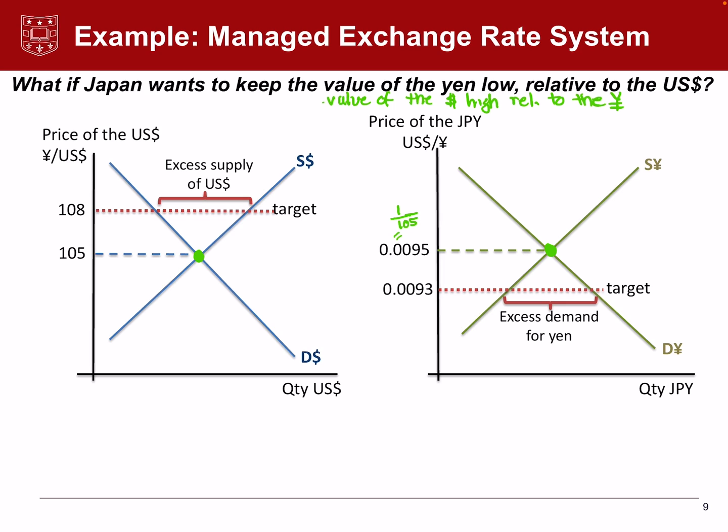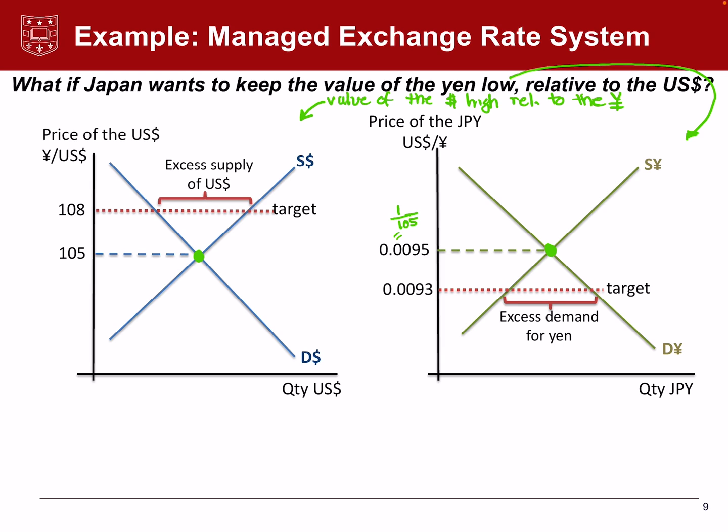So that's what we're showing over here, and the yen low relative to the US dollar is what we're showing here. So the value of the dollar higher than the equilibrium implied exchange rate, and similarly, the price of the yen below the one that would be implied by the workings of supply and demand.